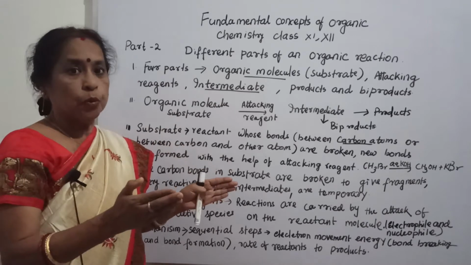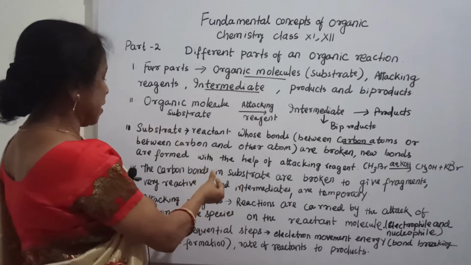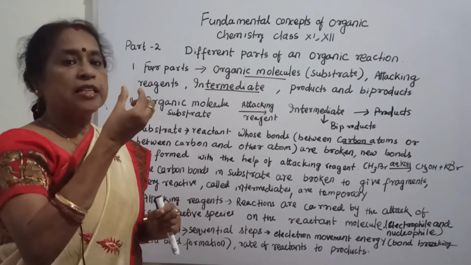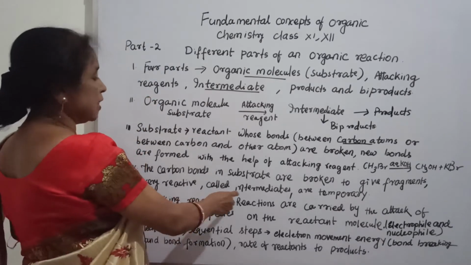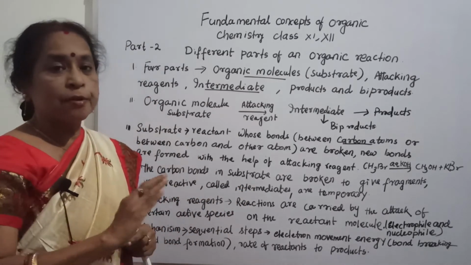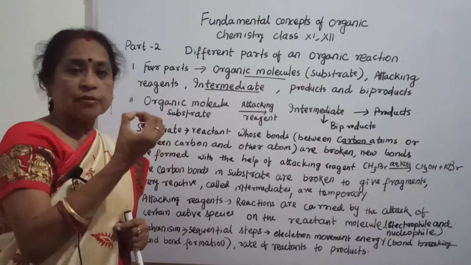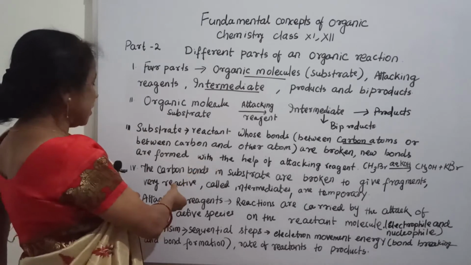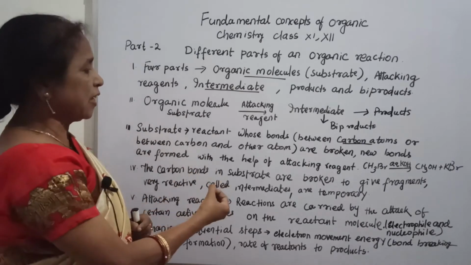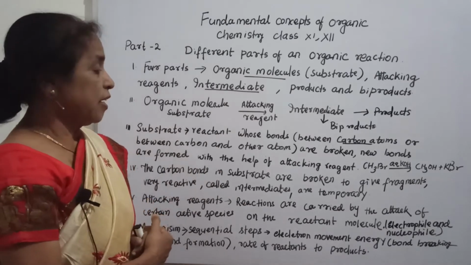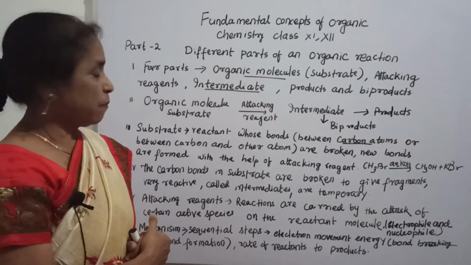In between the two, one transitory step is there that is very reactive and very temporary, and that is called intermediate. Intermediate is not a permanent one. It only exists for some seconds, where it is very active, and that is called intermediate, and that is temporary.